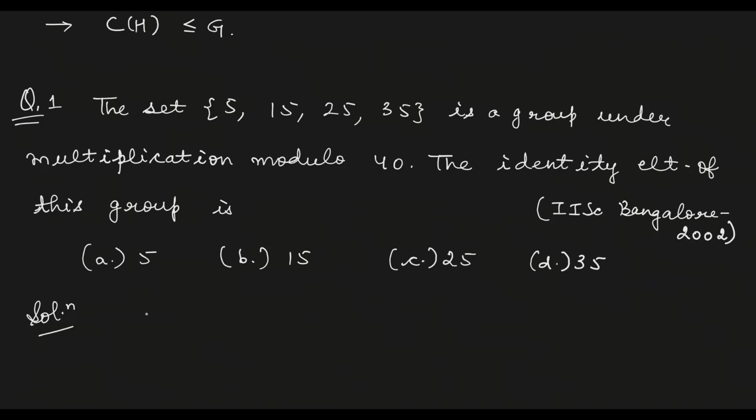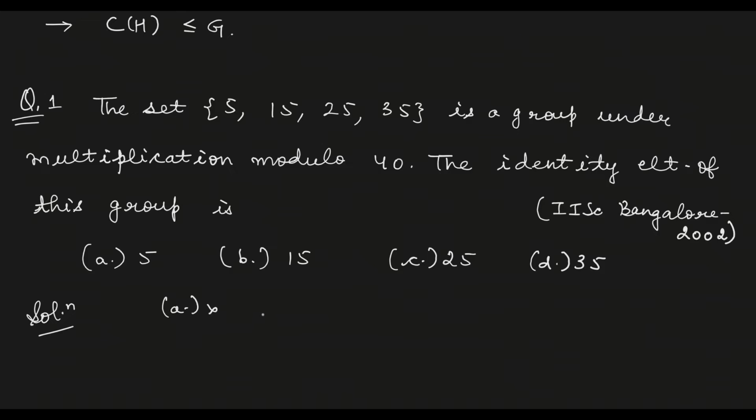How have you calculated? Multiplication modulo means if the identity element is multiplied to it, then the remainder should be the same. If I take the first option, 5 into 5 is 25, then the remainder will not be 5. Then 15 times 5 is 75, the remainder will not be 5 again.